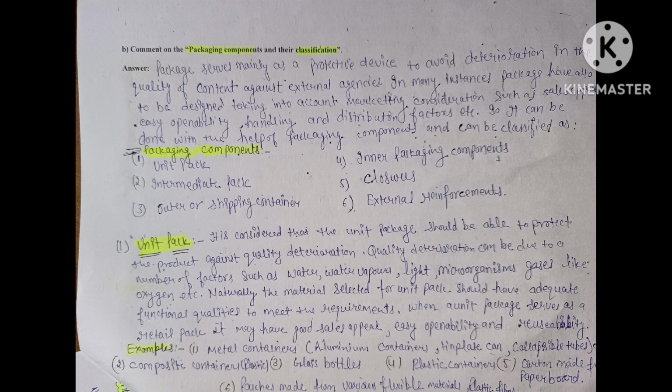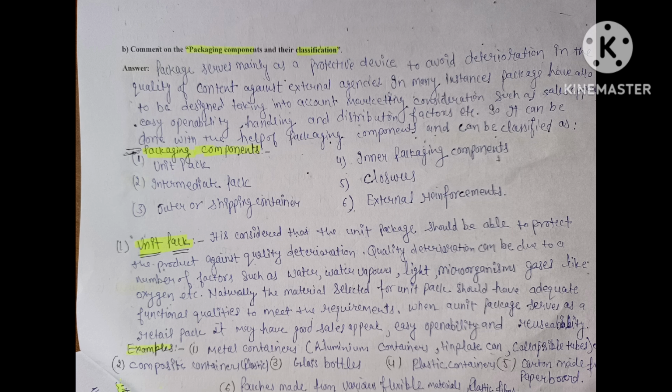In many instances, packages have also been designed taking into account marketing considerations such as sales appeal, easy openability, handling and distribution factors, etc. So it can be done with the help of packaging components, and these components are defined as unit pack, intermediate pack, outer or shipping container, inner packaging component, closures, and external reinforcements.